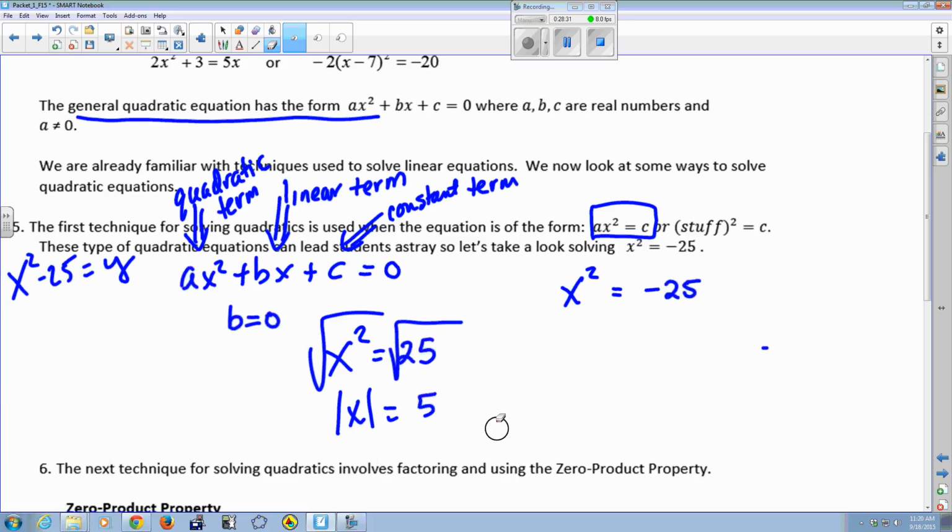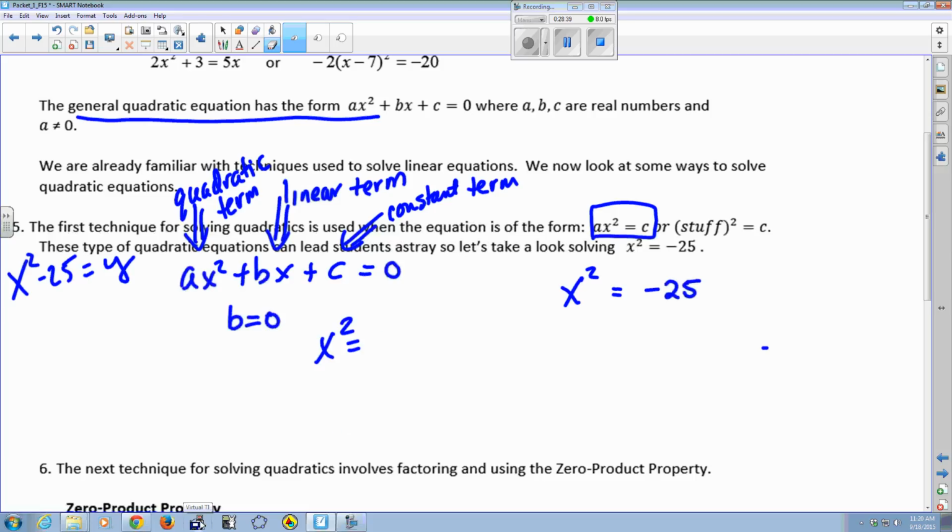So let's take a look at x squared equals 25, and then we'll see what we do with x squared equals negative 25. So if you had x squared equals 25, that falls under this scenario where your middle term has disappeared, b is 0. When you set your equation equal to 0, you get the beautiful type of factoring you always want to see, the difference between squares.